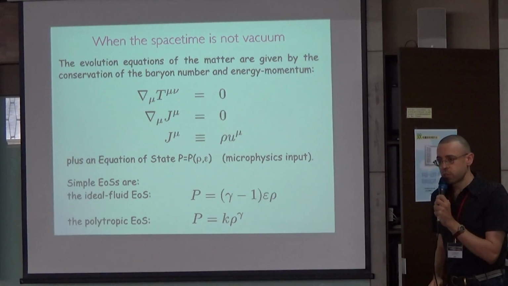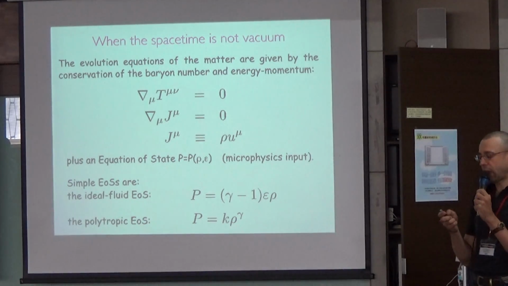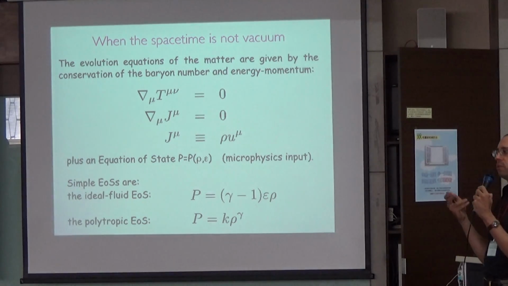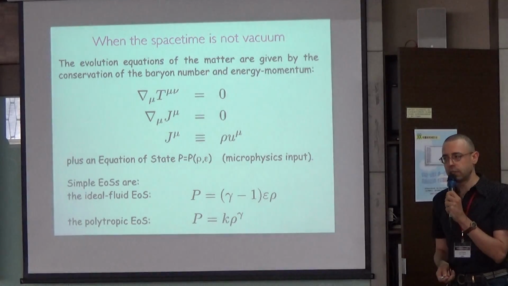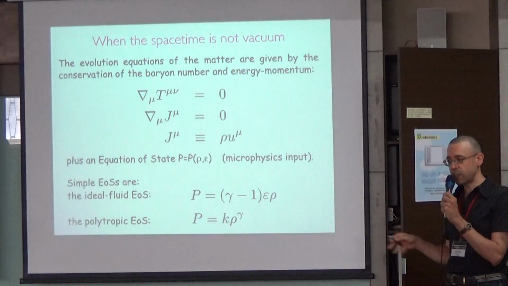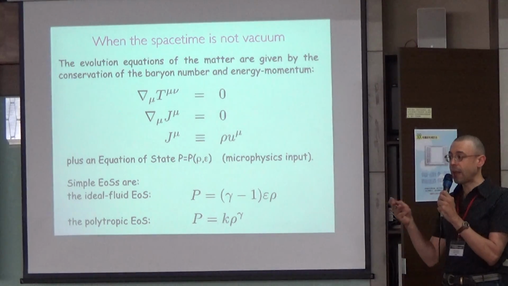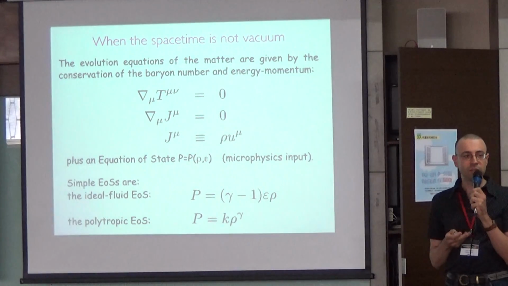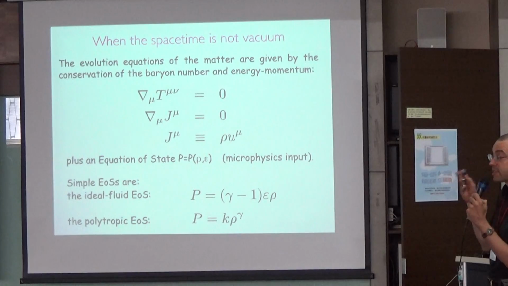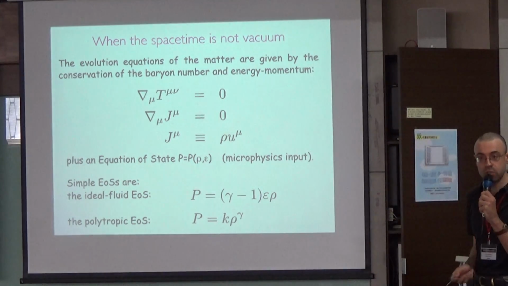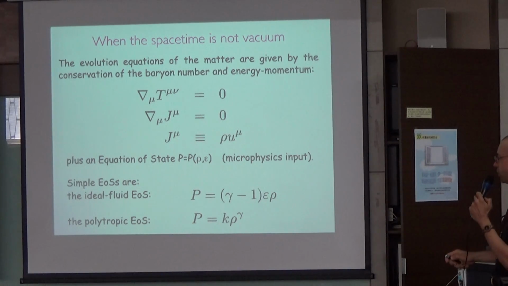We also need an equation of state, a relation between the hydrodynamical variables: pressure, rest mass density, velocity, internal energy. This relation between them is related to the microphysics, and it's something that we have to insert into the simulation. It's not in the Einstein equation, it's not in the hydrodynamics equation.